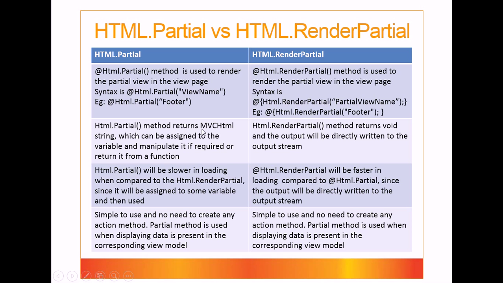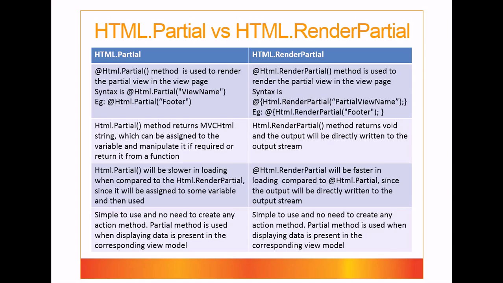Since Html.Partial returns an MvcHtmlString, it can be assigned to a variable, and if we want to perform any manipulations, we can do them, and we can also return this partial view from a function.